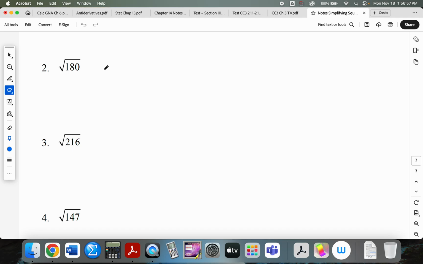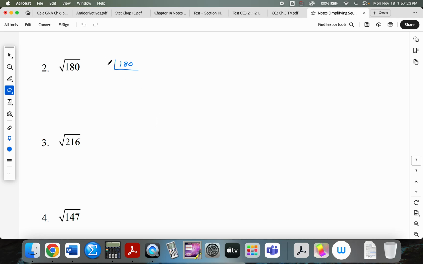All right, let's simplify. Square root of 180. What is a prime number that'll divide evenly into 180? Remember, prime numbers are like 2, 3, 5, 7.